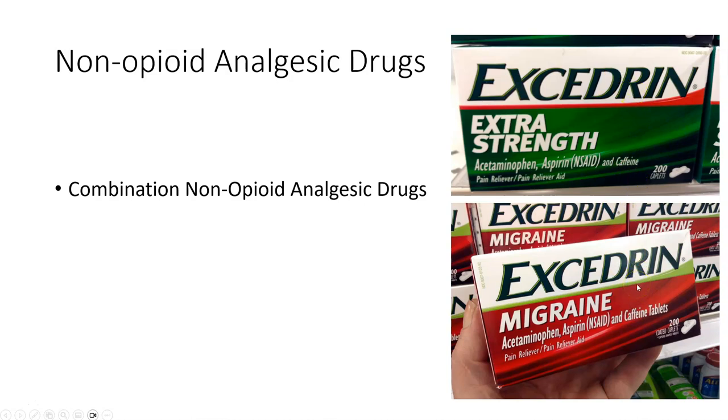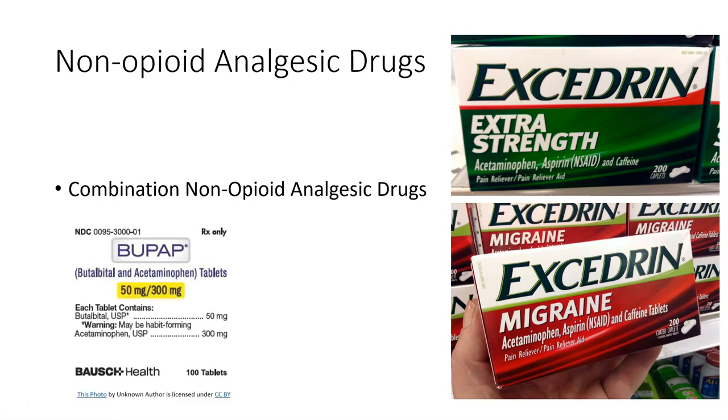It's just different packaging. Now, another drug, now this is a prescription drug. It's got butalbital in it, which is related to a barbiturate. It is a controlled substance, depending on what other ingredients.